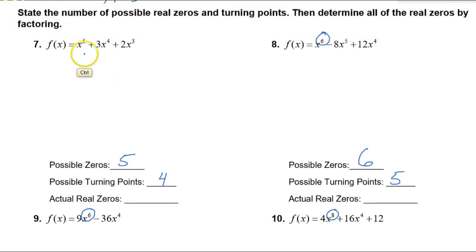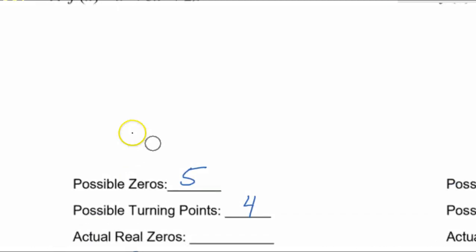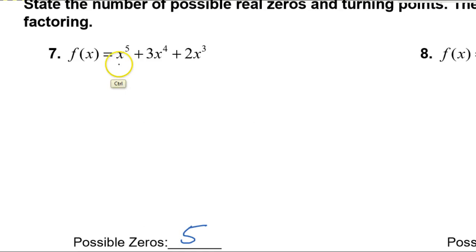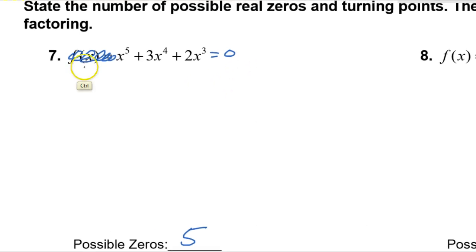Okay, so the actual zeros, we have to factor this. In fact, let me zoom in a little bit. Finding the zeros, we set the function equal to 0 and we solve it. That's how we find the actual zeros. Let's start by taking out the greatest common factor, which here is x to the 3rd power.